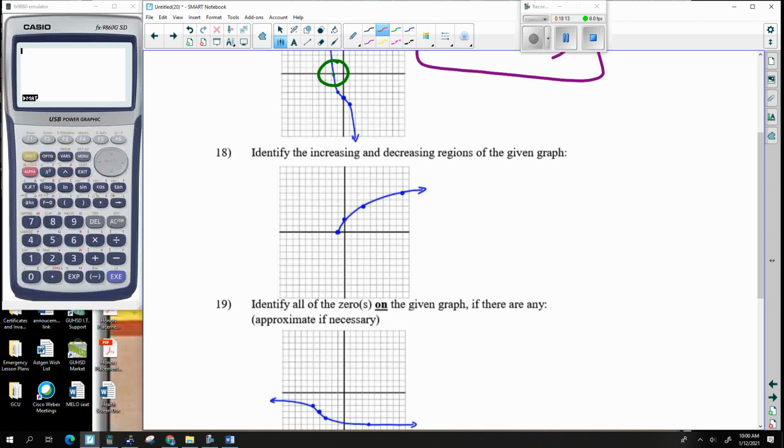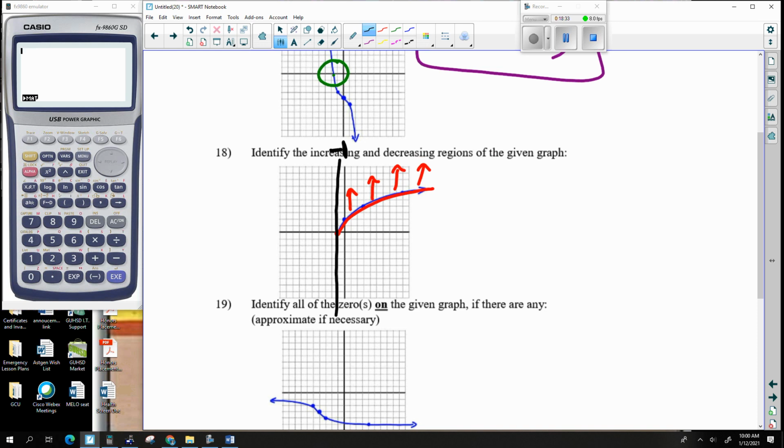Okay, increasing and decreasing. So I start here. Notice how it's going uphill this entire time. This whole thing is increasing. So again, I don't care about how much it's increasing. So this is occurring at -1.